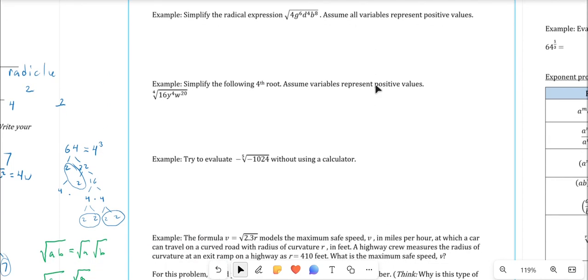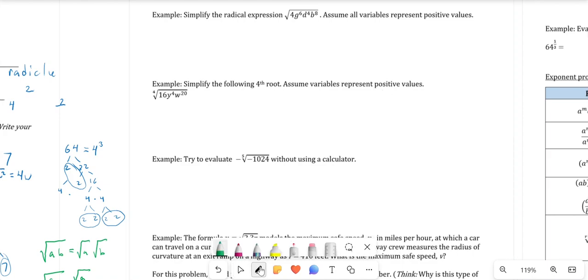All right, let's try this one on for size. It says, simplify the radical given. Assume that all these variables have positive values. Right, and that's all well and good.